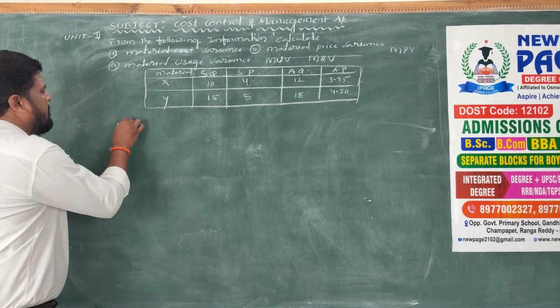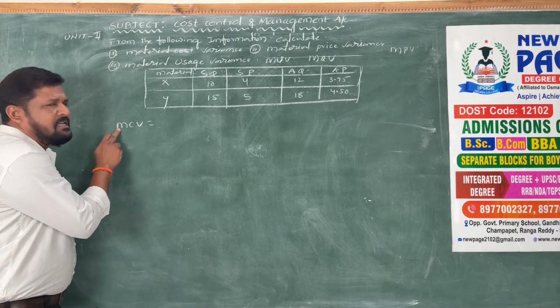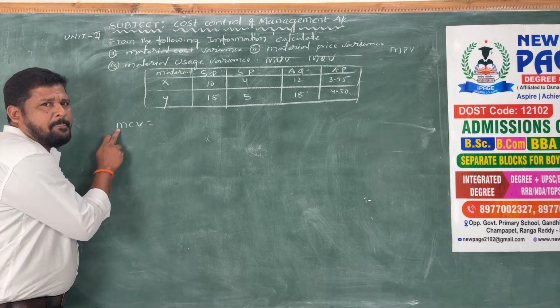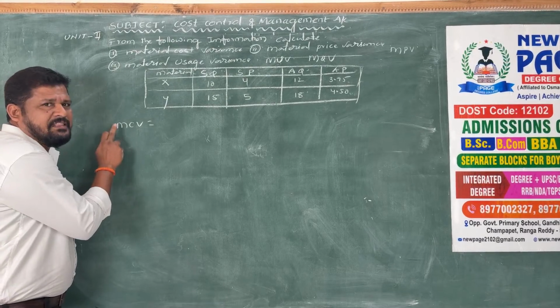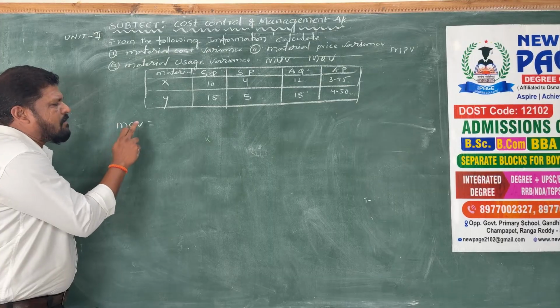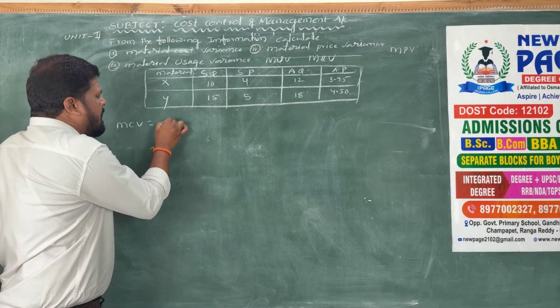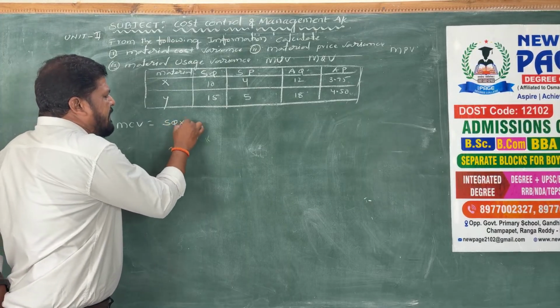First one is MCV. MCV is a simple problem, a compulsory question in the exam. Material cost variance, what's the formula?